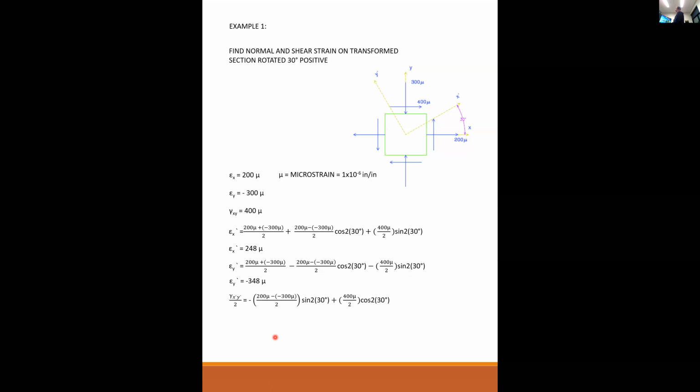And gamma x prime y prime over 2 is minus 200 minus 300 over 2 sine of 2 theta plus 400 over 2 cosine of 2 theta. And gamma x prime y prime is minus 233 mu. Okay, any questions on example 1?